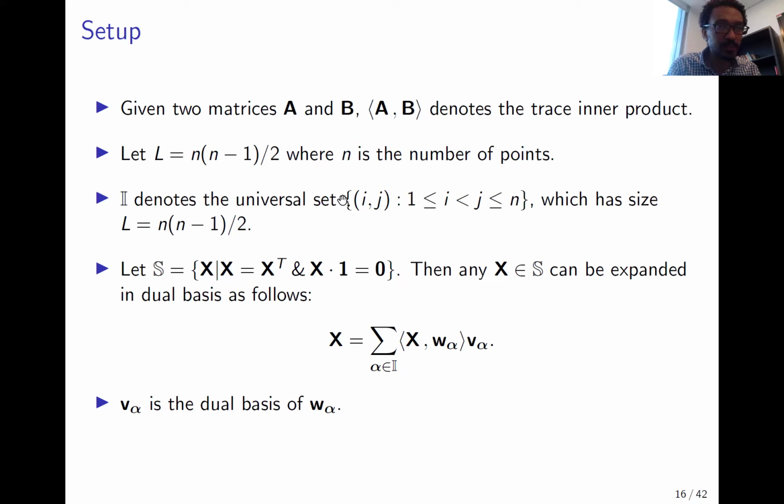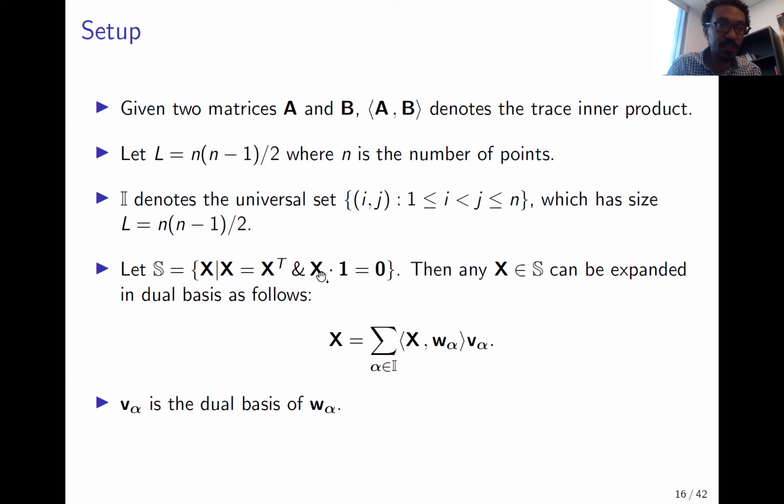And we account for symmetry, and we don't care about i equal to j in the distance matrix. So our universal set will be the collection of ij for which this inequality holds. And finally, we consider the set of symmetric matrices whose row sum is 0.